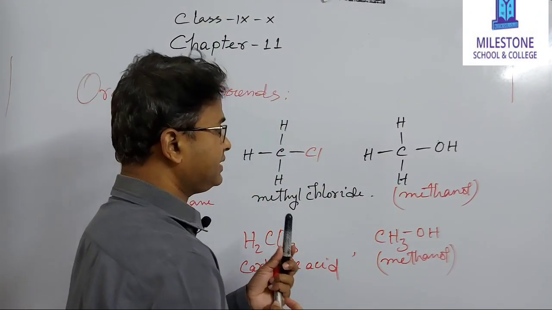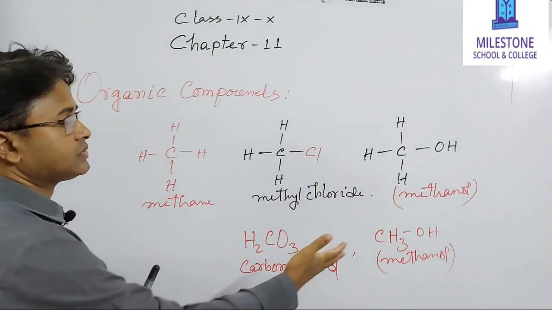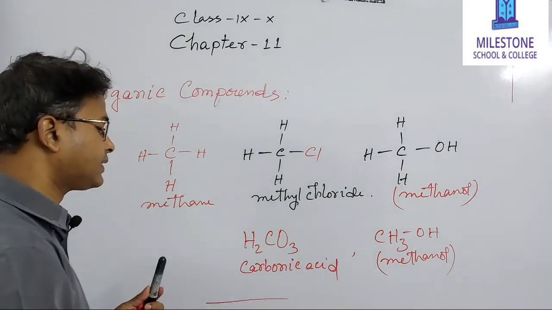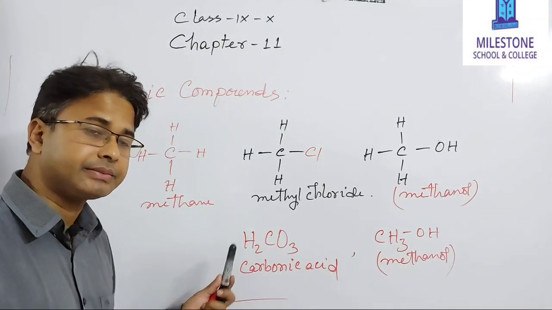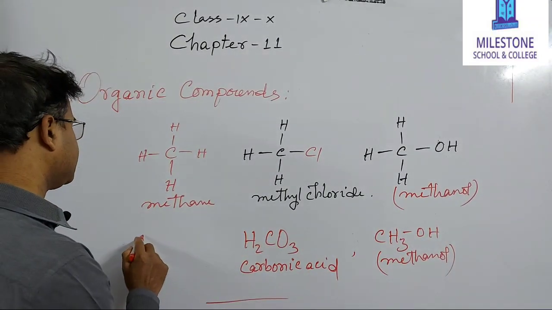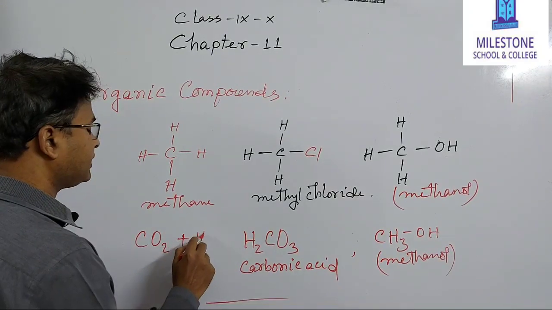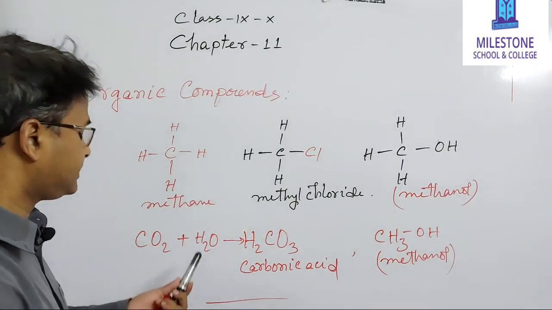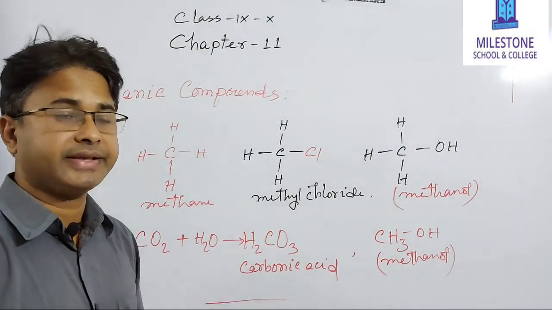So, I can say methanol is a derivative of a hydrocarbon. That's why methanol is an organic compound. But carbonic acid is not a derivative of any hydrocarbon. Carbonic acid is actually produced by the reaction between carbon dioxide and water. That's why carbonic acid is an inorganic acid.